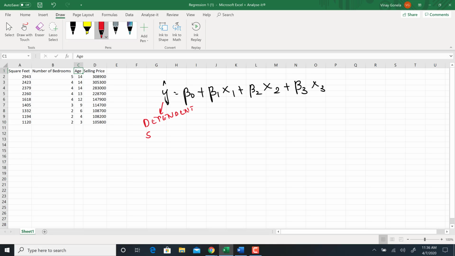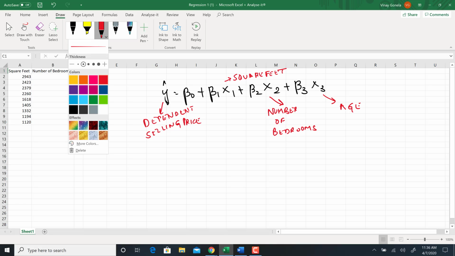So this will be the selling price. And then x1 is the square feet, x2 is the number of bedrooms, and then x3 is the age of the house. So we have to get this equation.